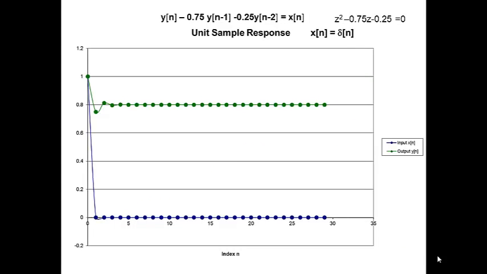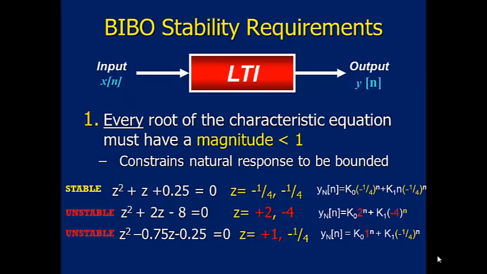Let's back up. So I had 2 roots. I have a natural response. It looks like, I don't know what we got, k0 times 1 to the n, and k1 times minus 1/4 to the n.